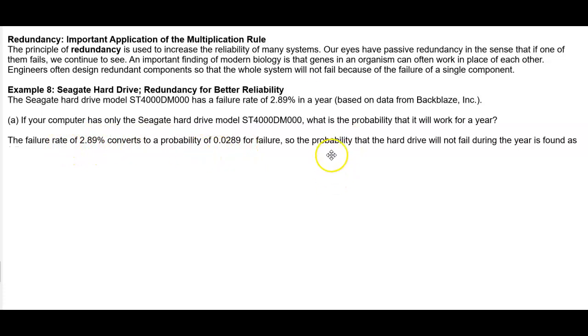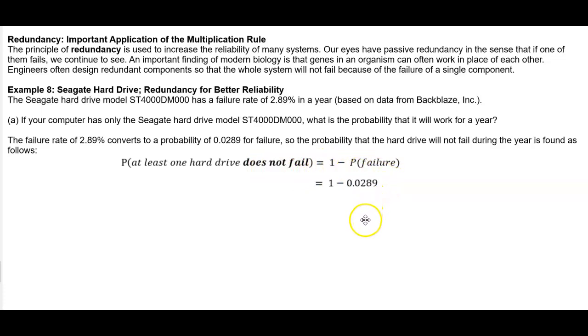So the probability that the hard drive will not fail during the year is found by following the complement. So the probability that at least one hard drive does not fail is equal to 1 minus the probability of failure. Well, we saw that the probability of failure in decimal form is 0.0289.